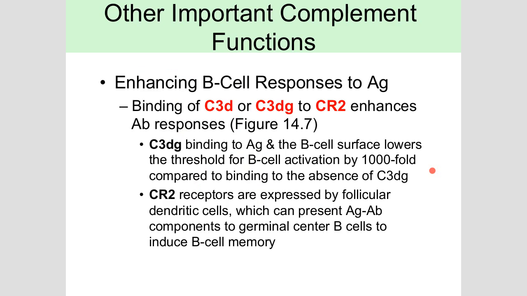If you go to some of the figures, you will see that some of the cells, even antigen-presenting cells, have those specific receptors. Whenever you see CR on any given cell, they are the complement receptors.